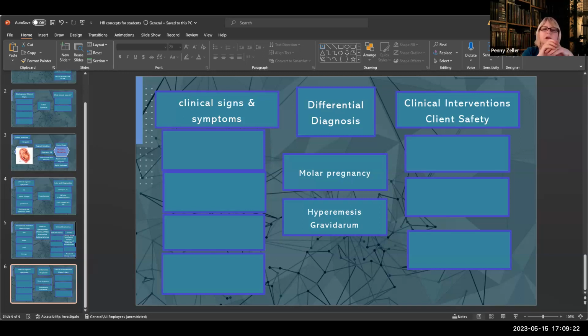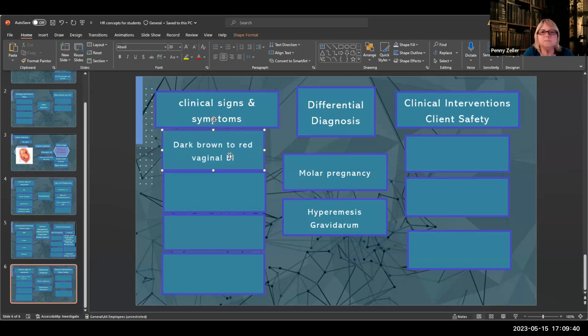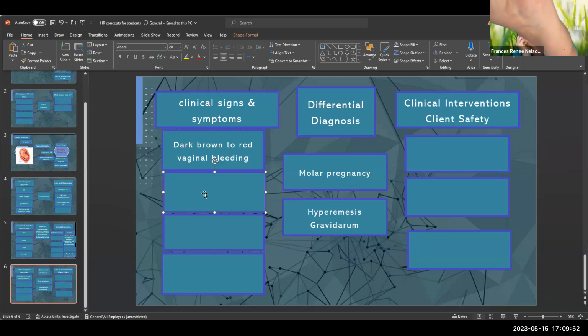Do you know what clinical signs you would see with a molar pregnancy? Dark brown to bright red vaginal bleeding. Yep. Right. Good. What else? Pain in the abdomen. Okay.